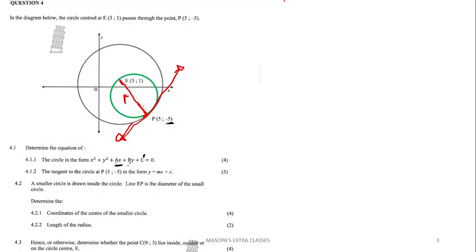Now you must look for the gradient of the radius. When you are going to look for the gradient of the radius, let's say m radius is equal to y value of E minus y value of P, over x value of E minus x value of P, right?